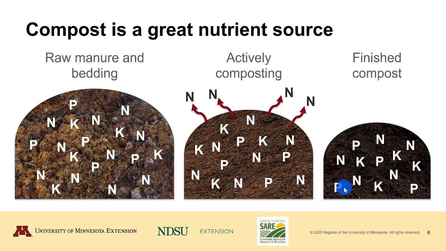So while you have the same units of P and K in your finished compost, it's going to actually look like a higher concentration because technically there is less material but the same amount of P and K. So it actually would look like your P and K increased over the composting process while your nitrogen tends to decrease.